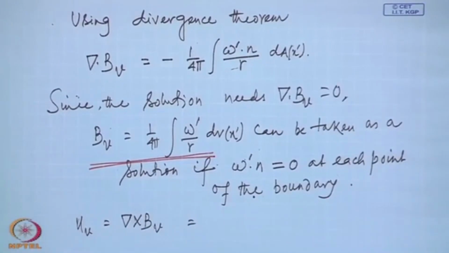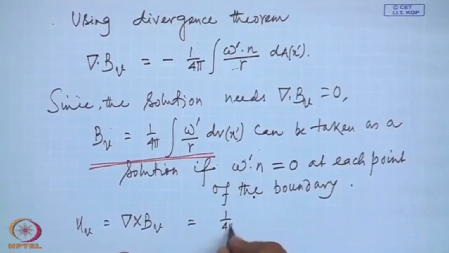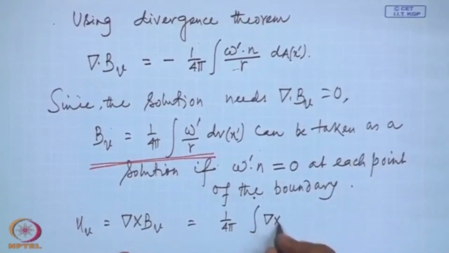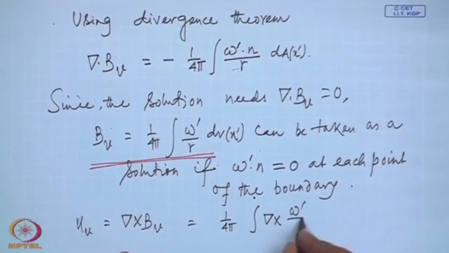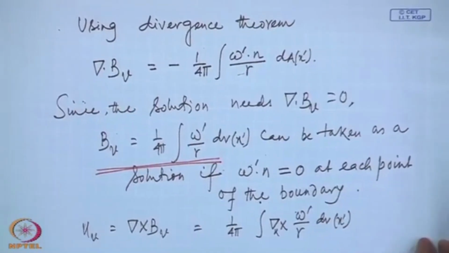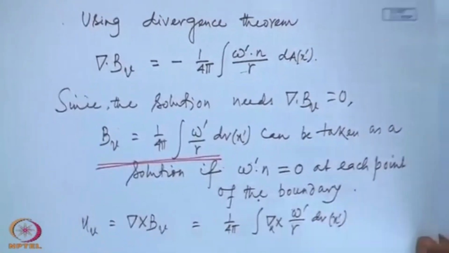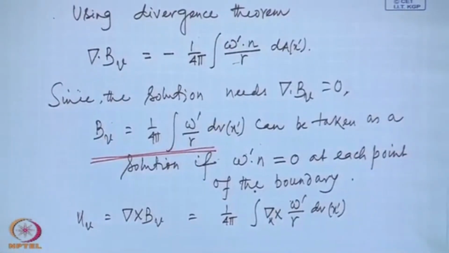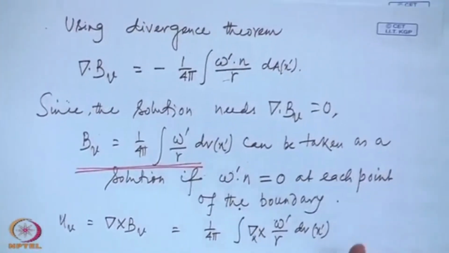So, we have 1 by 4 pi curl of omega by r. Can you evaluate that curl?